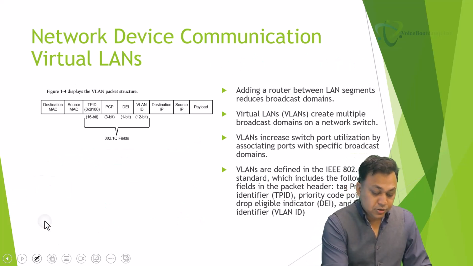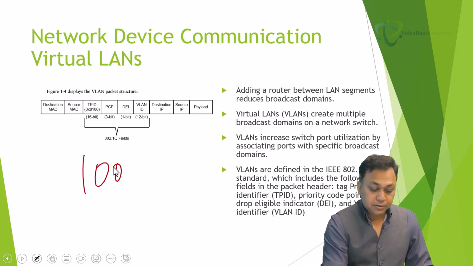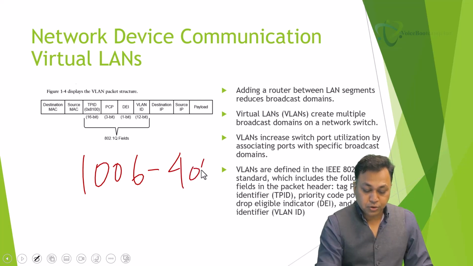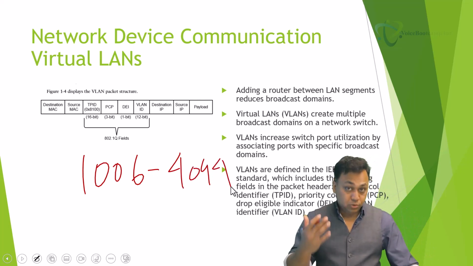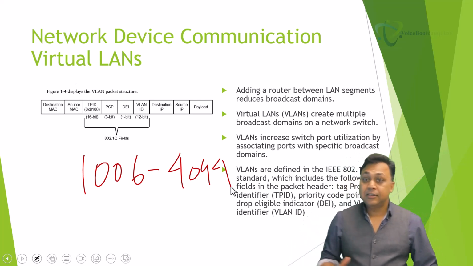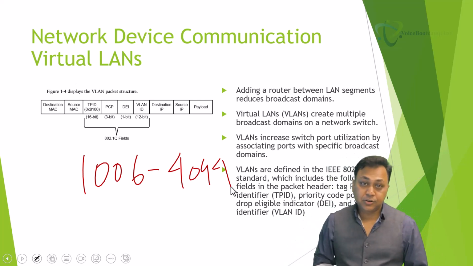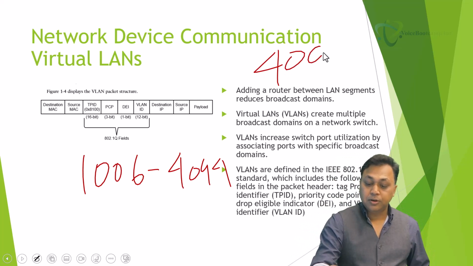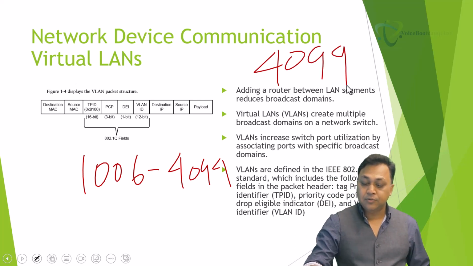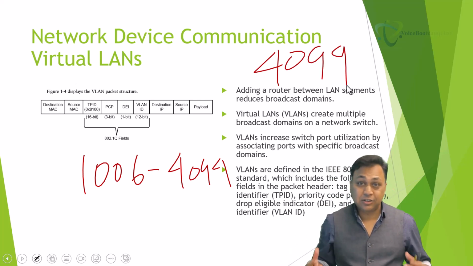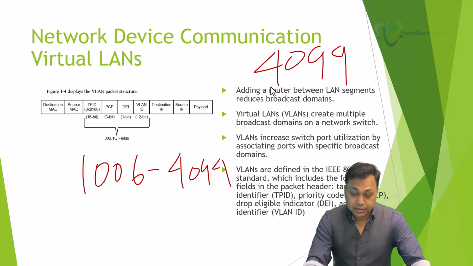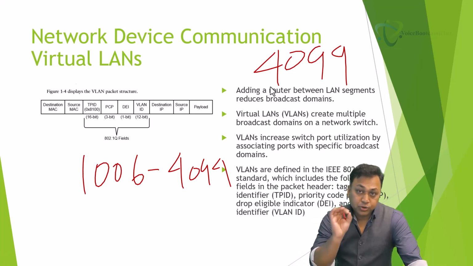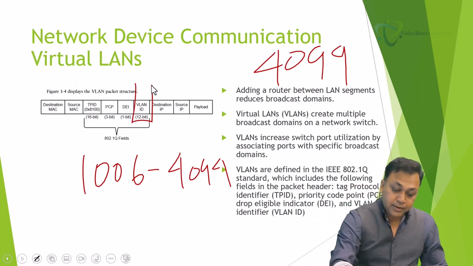Last but not least, VLANs 1006 to 4094 are the extended VLAN range, and can be added, deleted, and modified as necessary. So the maximum is up to 4094 VLAN IDs, and those IDs will be part of your VLAN ID.